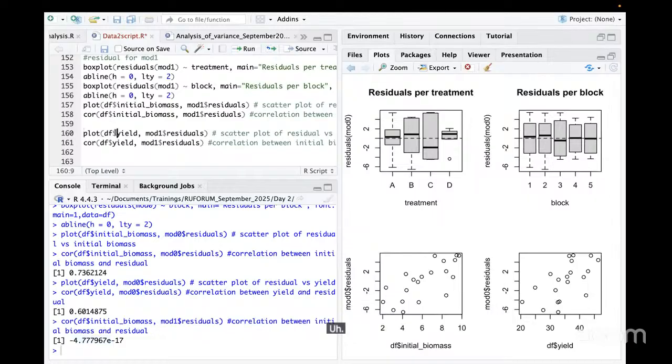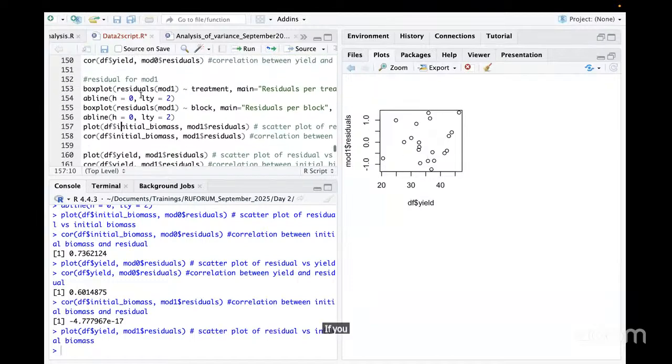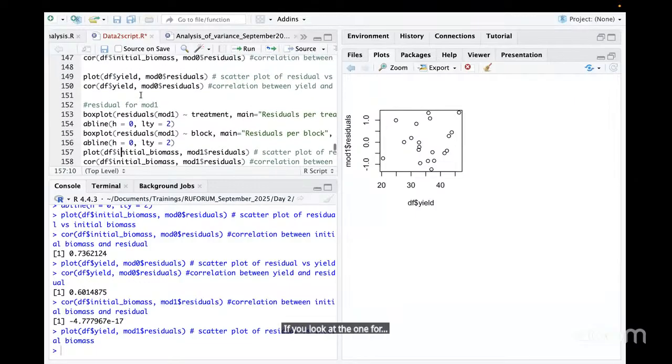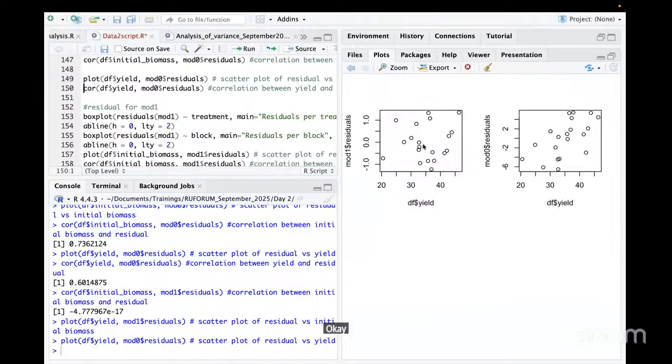If you plot the residue, you can actually see that there's no pattern, compared to the one for model 1. So for model number 2, where we have the initial biomass, there's no pattern in the error.